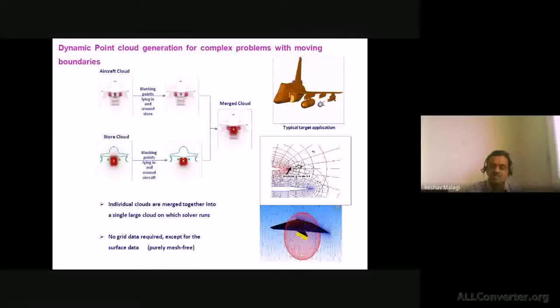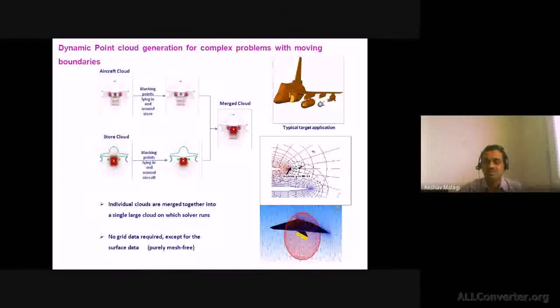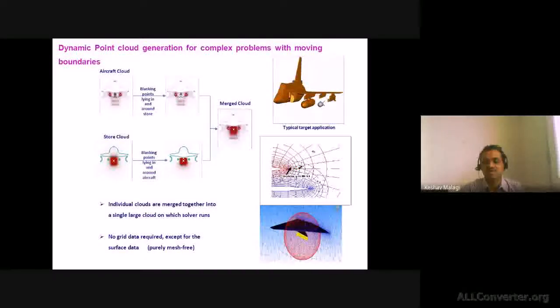Also satisfying conservation on such overlapped meshes is a challenging task in finite volume. Of course, very efficient methods have evolved, but it is a very involved and very time-consuming process at that. Otherwise, you will have to go for full regridding as the body keeps moving.